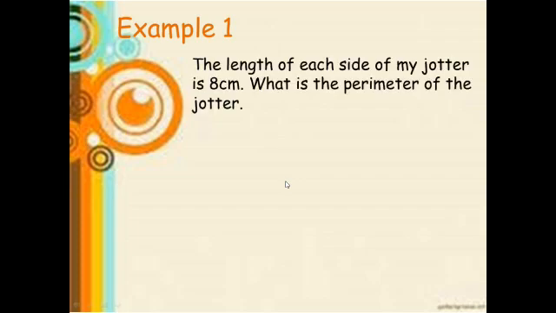Okay. The first example. The length of each side of my jotter, a square jotter actually, is 8 centimeters. What is the perimeter of the jotter? Since it says the length of each side, that means all the sides are equal. So I have to look for the perimeter of a square.